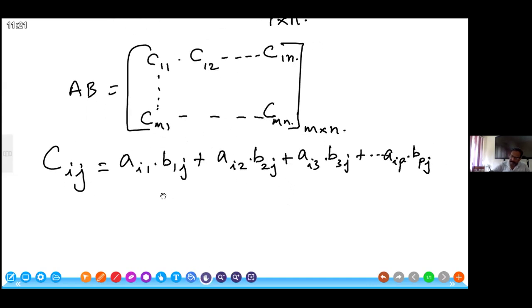So, for example, C11 is equal to A11 multiplied by B11. How about C12?